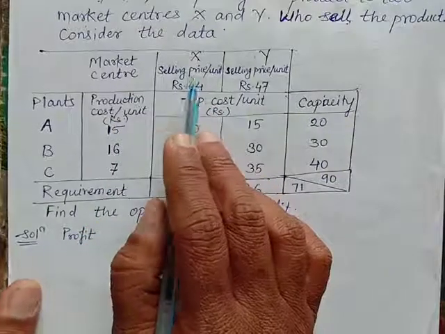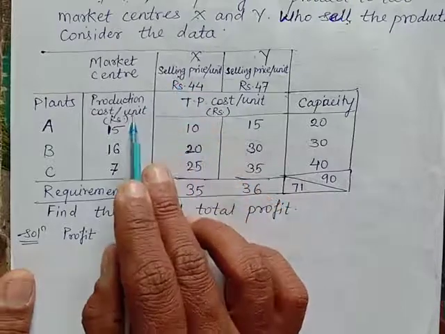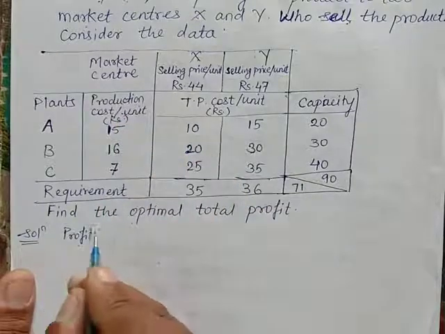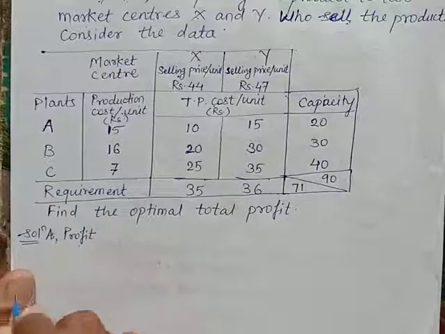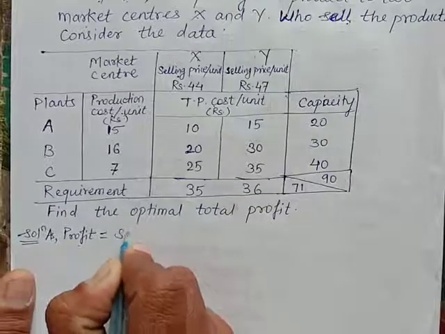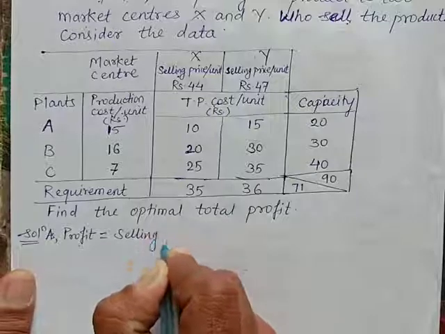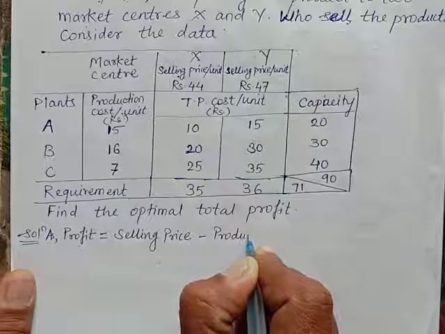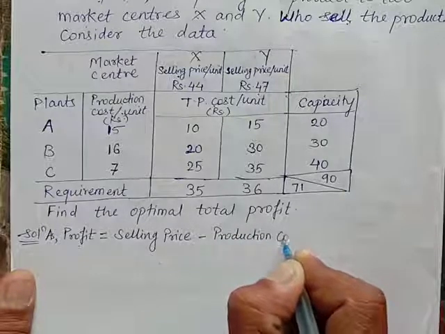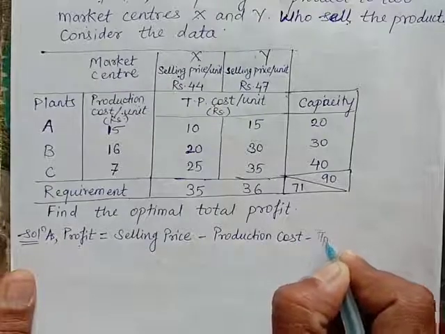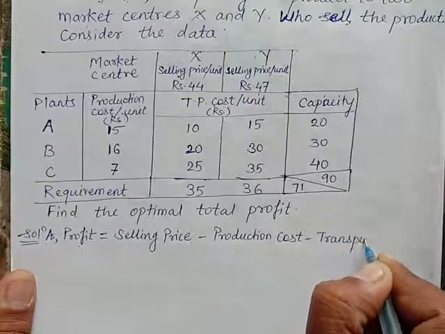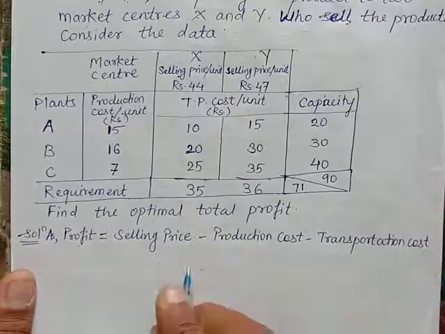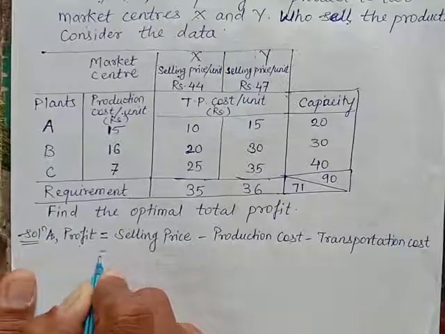So the formula is profit equals selling price minus production cost minus transportation cost.